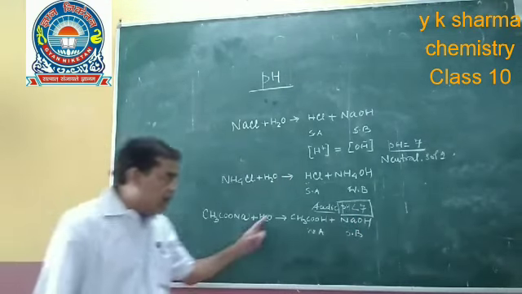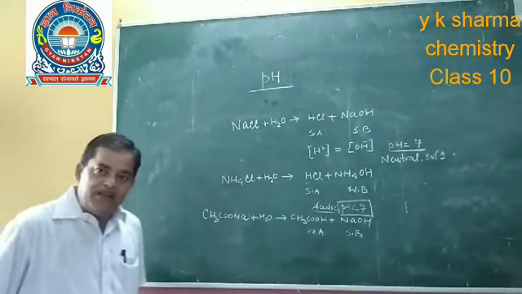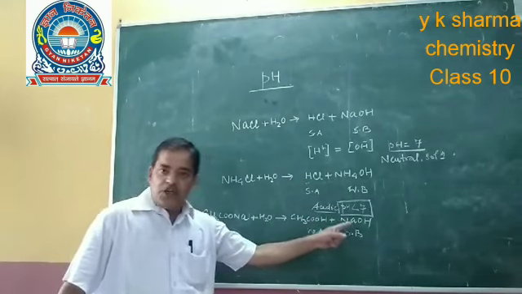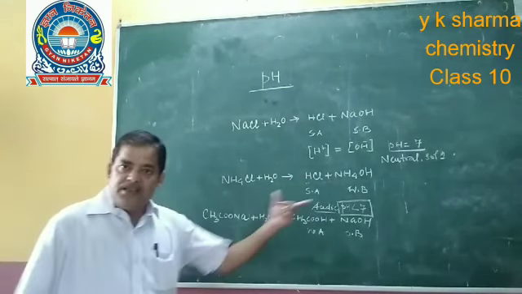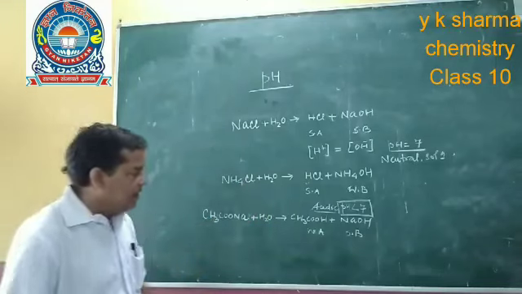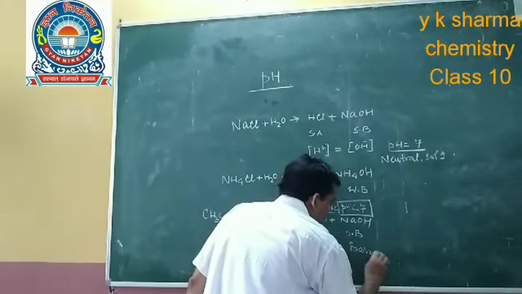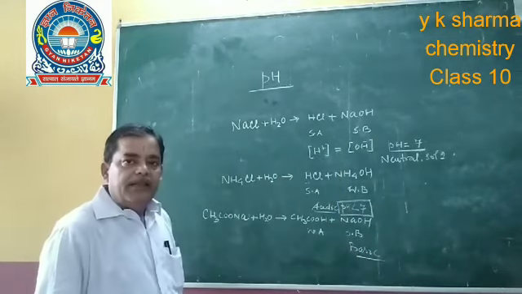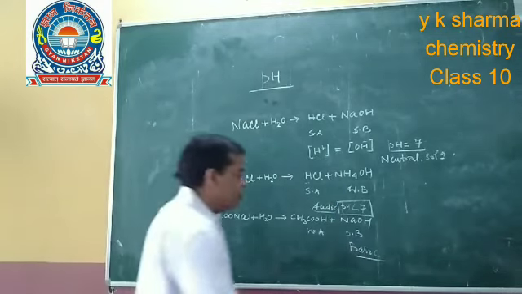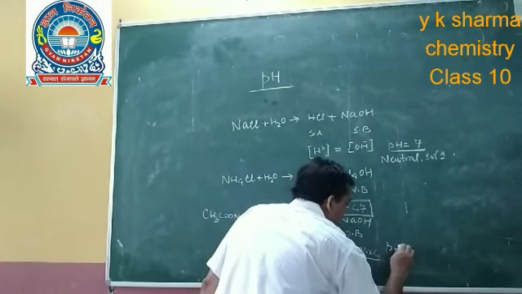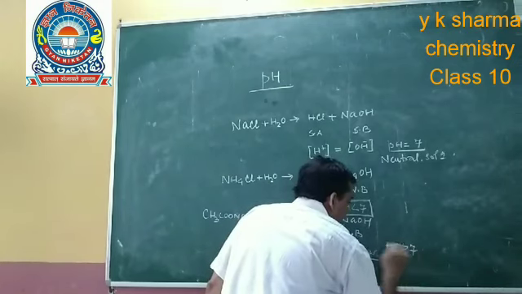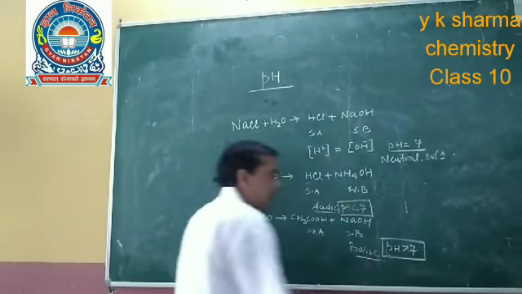Here the concentration of OH minus ion will increase in that solution. That is why the nature of that solution will be basic, and the pH will be greater than 7.